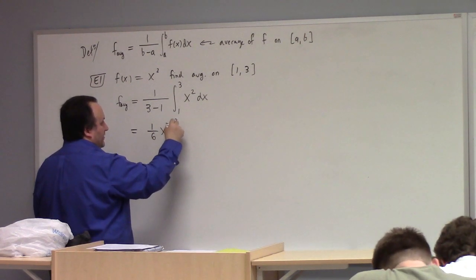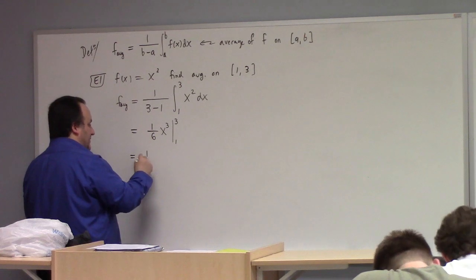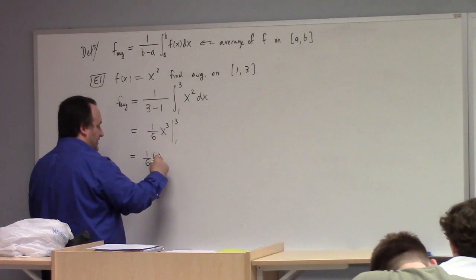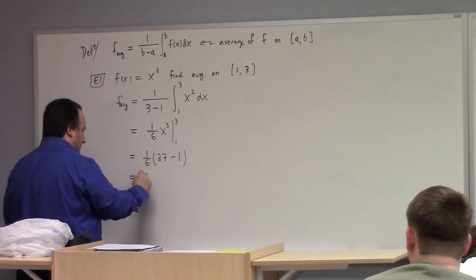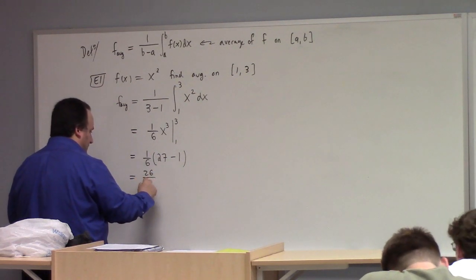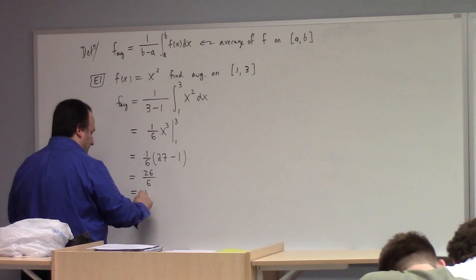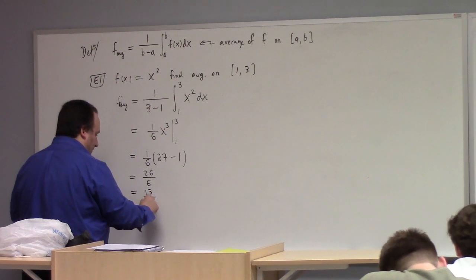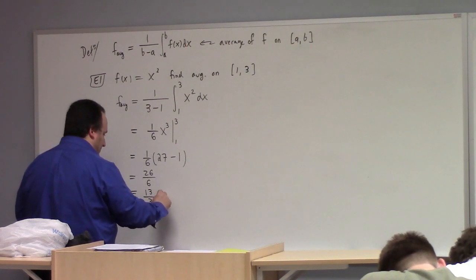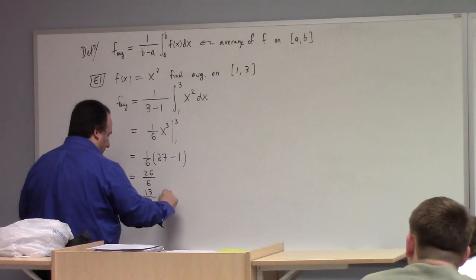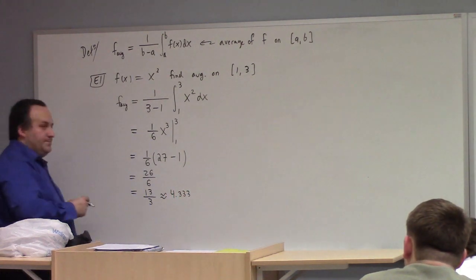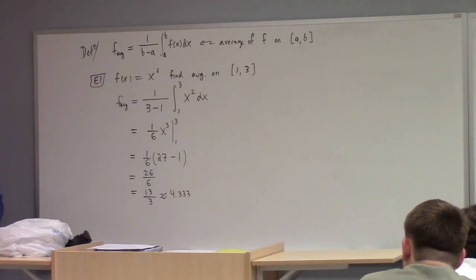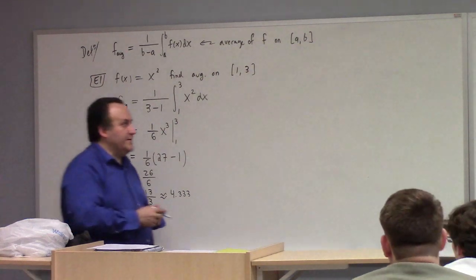We have to evaluate from 1 to 3. What do we got? 1/6 of 27 minus 1. So apparently 26 over 6, also known as 13 over 3. So about 4.3333333. We could be here all day. What's the meaning of this number geometrically? Do you guys know? If I graph this, what's going on?